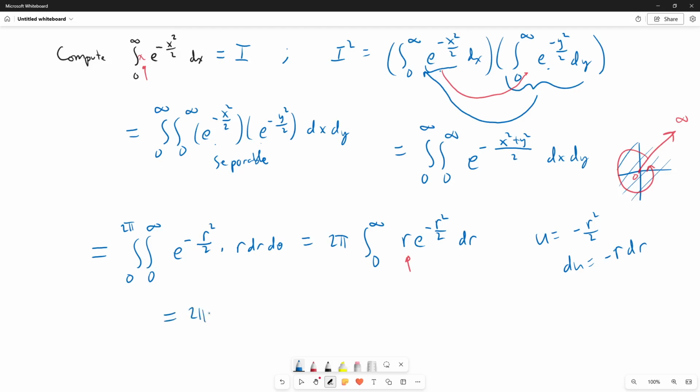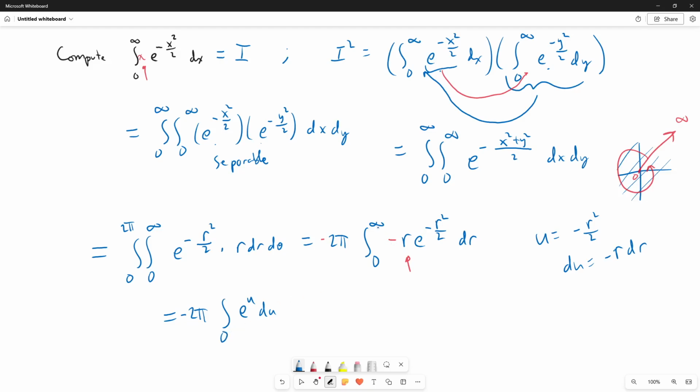So we get 2 pi integral. We need a negative r, so I'll put a negative here and a negative in the front. So we have negative 2 pi integral of e to the u du. And when r is 0, u is 0.